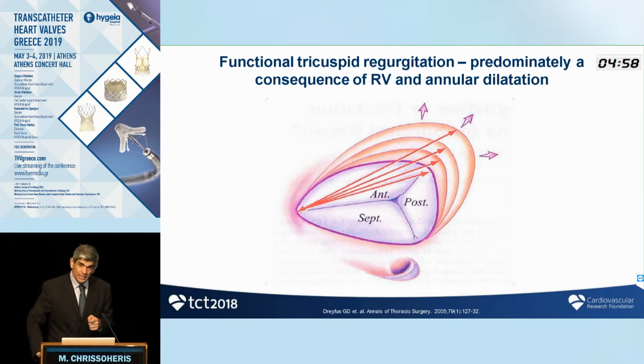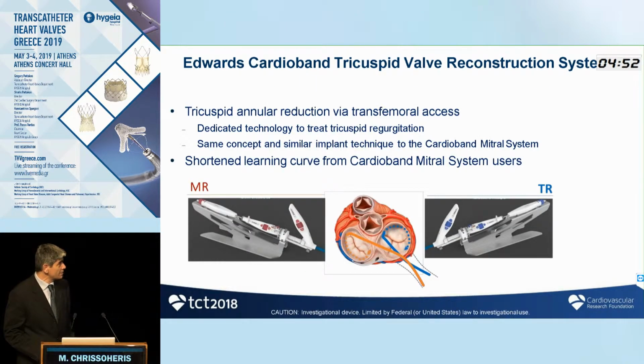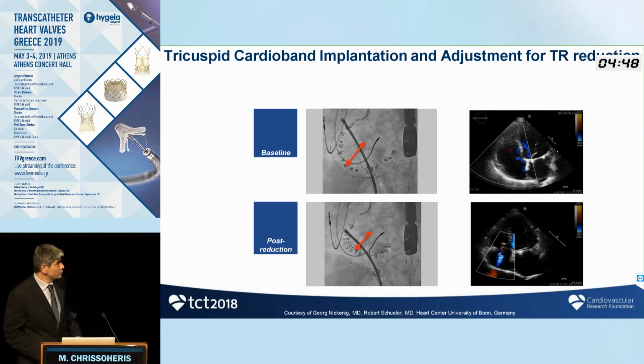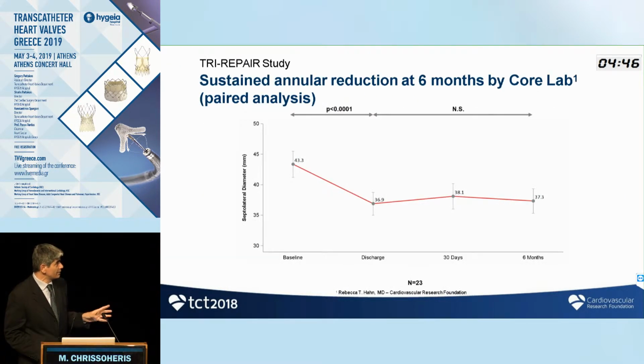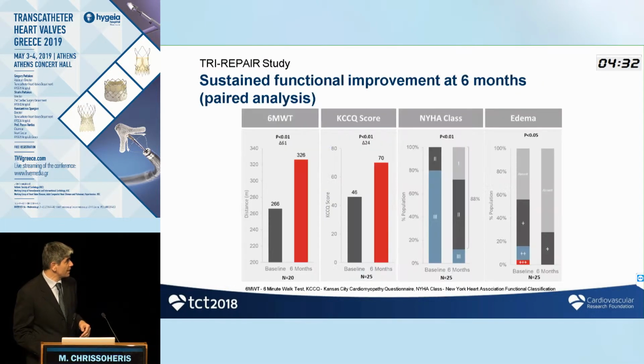We shouldn't forget the coexistence of a dilated annulus of the tricuspid valve in these patients. So other technologies like the Cardioband aim to decrease the septolateral diameter of the tricuspid valve and with that ameliorate the degree of tricuspid regurgitation. But we do have tricuspid regurgitation grades that hover in the area of moderate to severe in many of these patients.